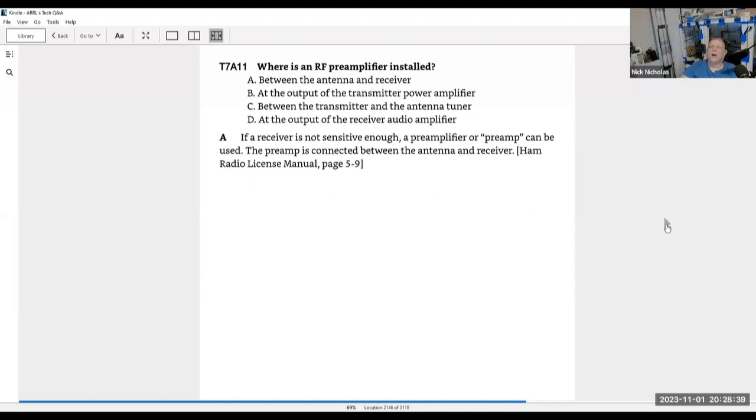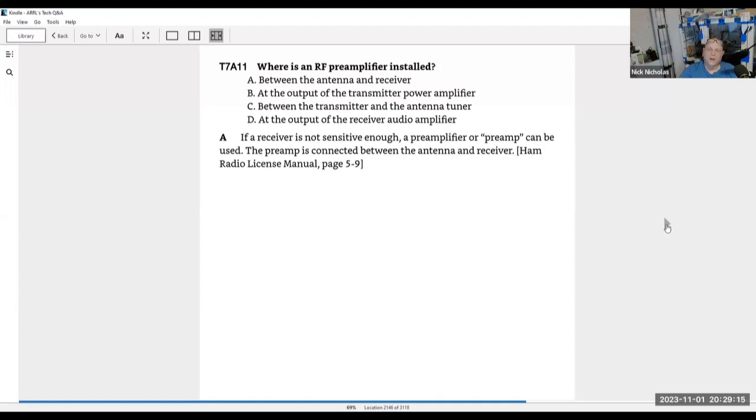Where is an RF preamplifier installed? And it is installed between the antenna and the receiver. It pre-amplifies what's coming from the antenna to the receiver before it gets to the receiver. It amplifies everything that the antenna has and all the noise it has with it too. So there's a limit to how much pre-amplification you want to do, because at some point you'll amplify more distortion than you will signal you want.